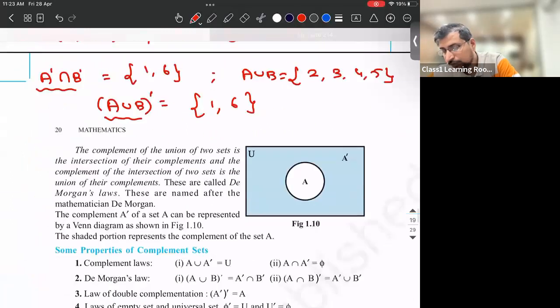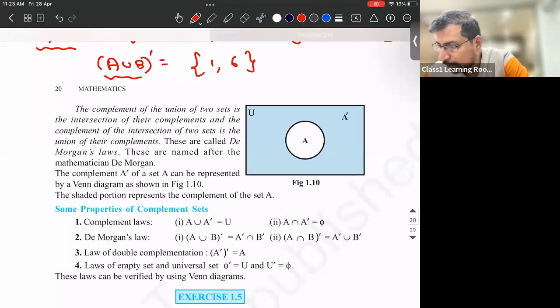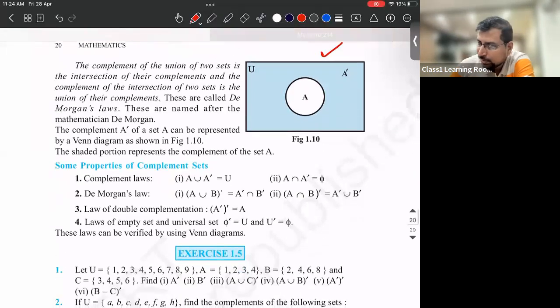So that is all with this concept. This diagram is the one which I drew previously. You have a bigger set, and a subset A within the universal set. Anything outside that is going to be the complement. Based on this, we'll see some properties of complements. First are the complement laws.